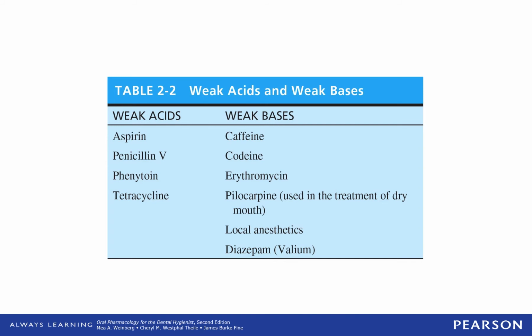Weak acids: aspirin, penicillin V, phenytoin, tetracycline, 3 to 5. Weak bases: caffeine, codeine, erythromycin, pilocarpine, which is used in the treatment of dry mouth, local anesthetics, and diazepam, 8 to 10.